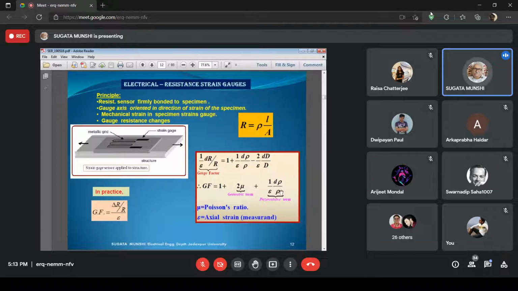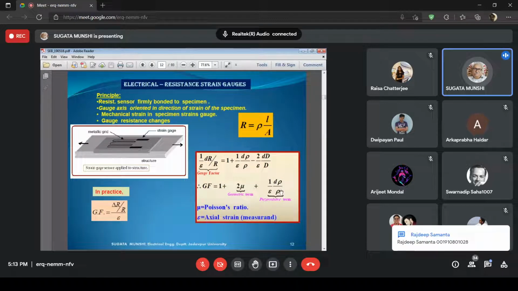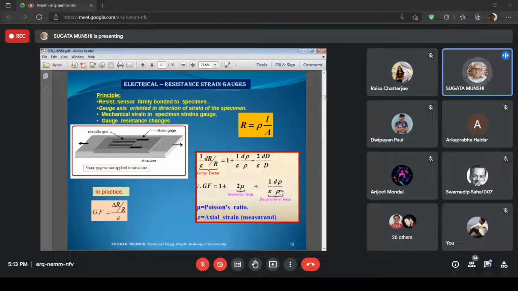The change in resistivity takes place with increase in mechanical strain, as the mobility of the charge carriers changes. While in case of metal alloy gauges the geometric term dominates, in case of semiconductor gauges the piezoresistive term dominates. This phenomenon is called the piezoresistive effect.